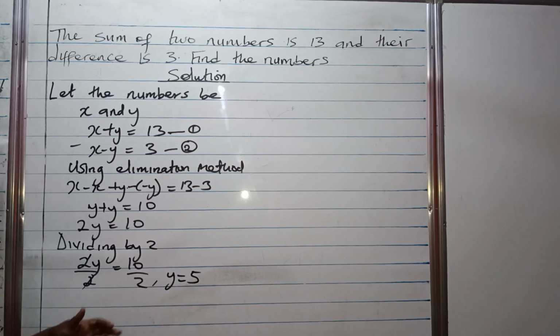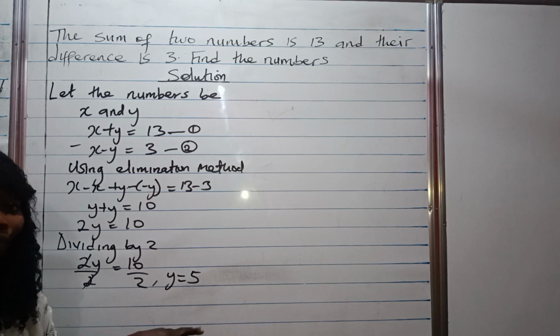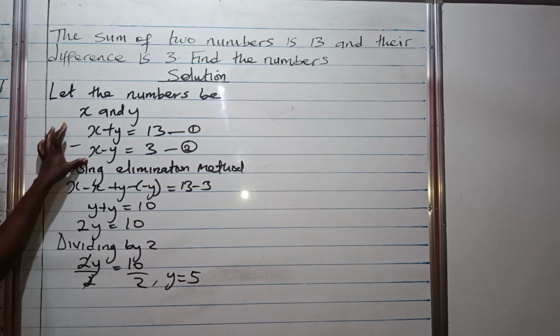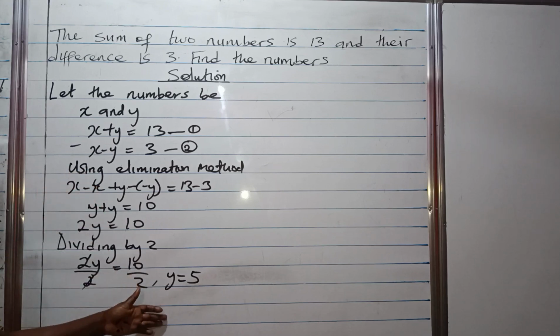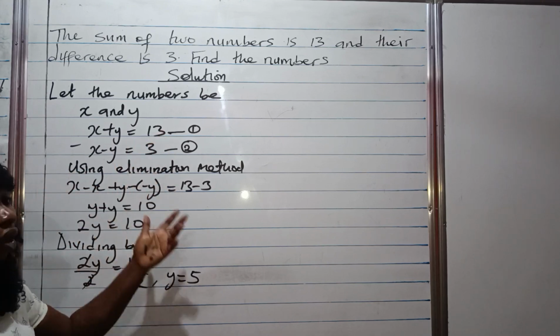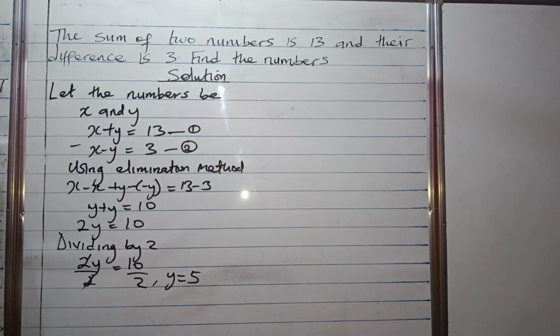We have been able to calculate the value of Y. So we are looking for X now. Since we have this, we can substitute the value of Y in any of the equations we have above. We can decide to substitute the value of Y in either equation 1 or equation 2. So let's pick equation 1.